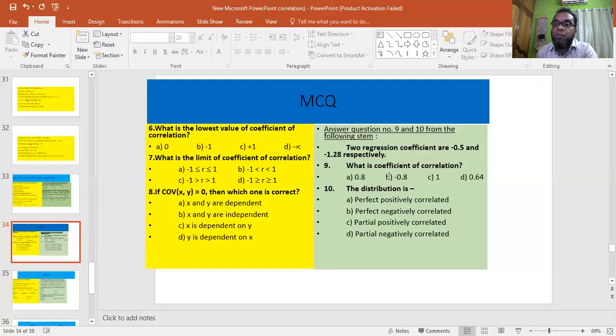So if the coefficient of correlation lies between minus 1 and 0, then it is partial negative correlation. So the answer is D, partial negative correlation.